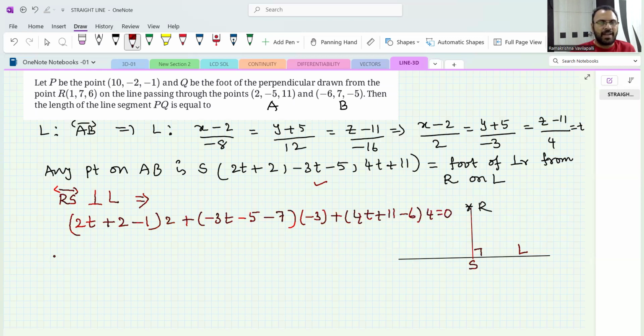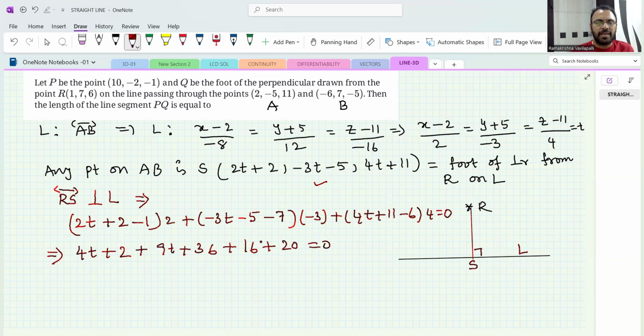We just need to find out the value of t. So it is 4t plus 2. Be careful, I may commit a few mistakes. And this is 9t, this is minus 12 so plus 36, and this is 16t, and this is 5 into 4, 20.